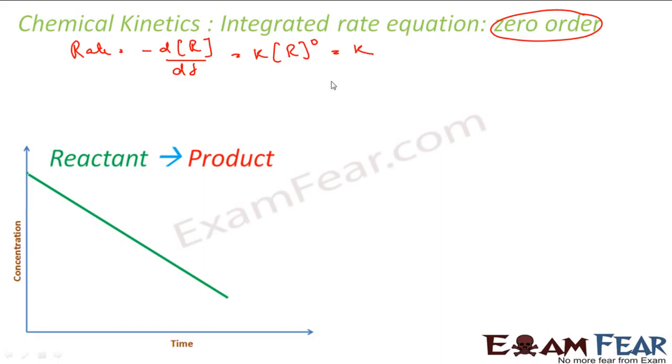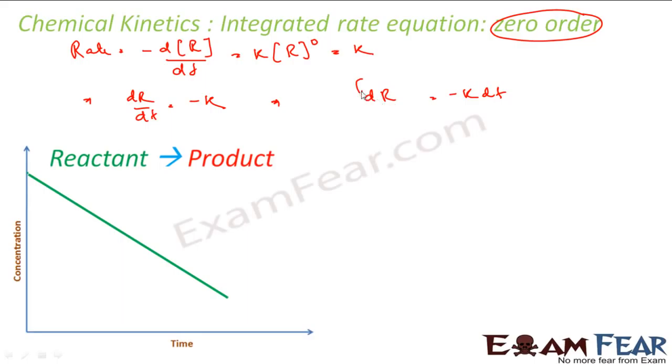So d[R]/dt is nothing but minus k. Or I can say d[R] is nothing but minus k dt.